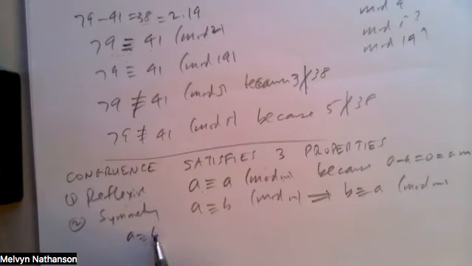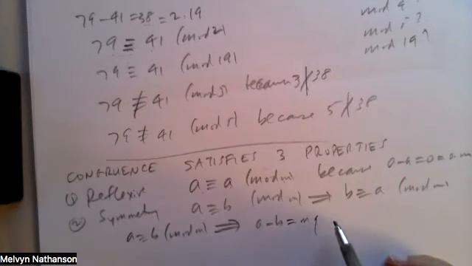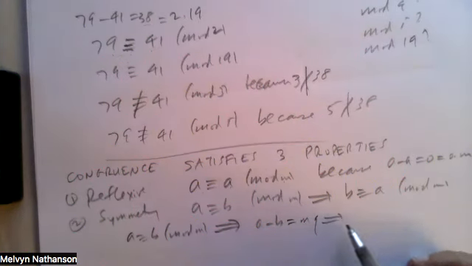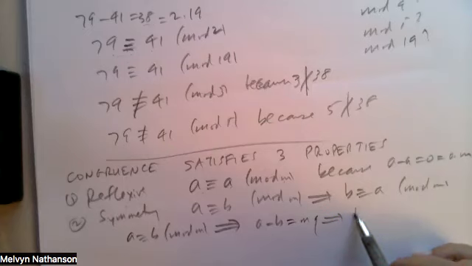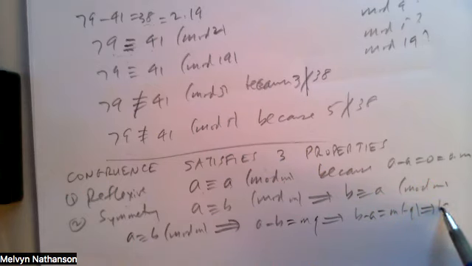If A is congruent to B mod M, this implies A minus B is M times Q for some integer Q, which means if you multiply by minus 1, B minus A is M times minus Q. If M divides A minus B, then M divides B minus A, which means B is congruent to A mod M.